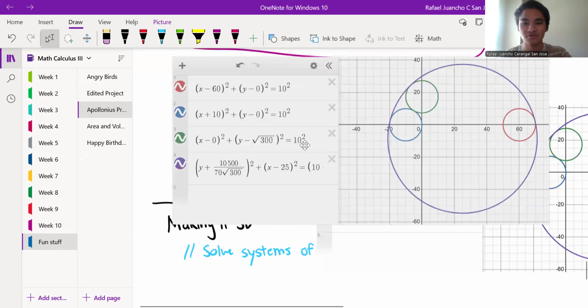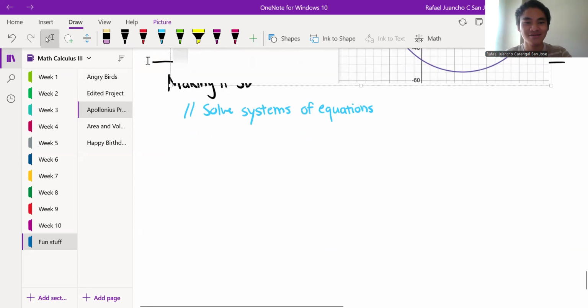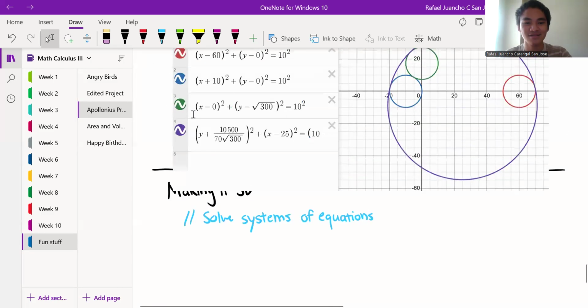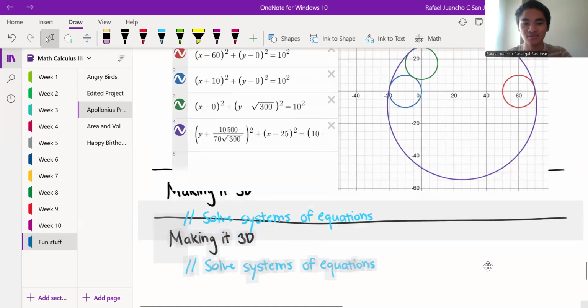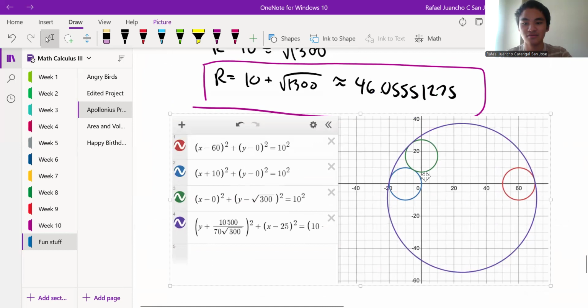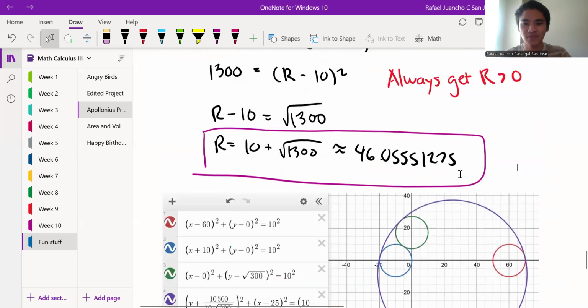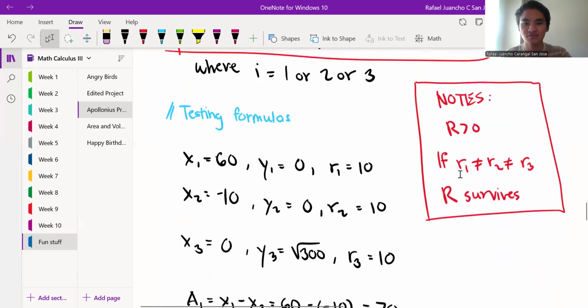Oh shoot, I can't see. That's not fun. If I do this, I put this down. Okay, there we go. So we know that it works in this case.